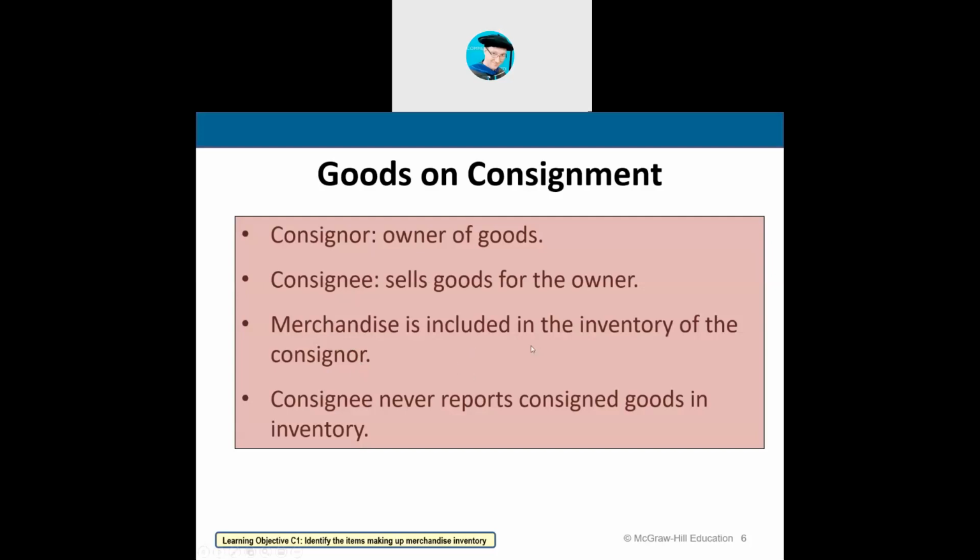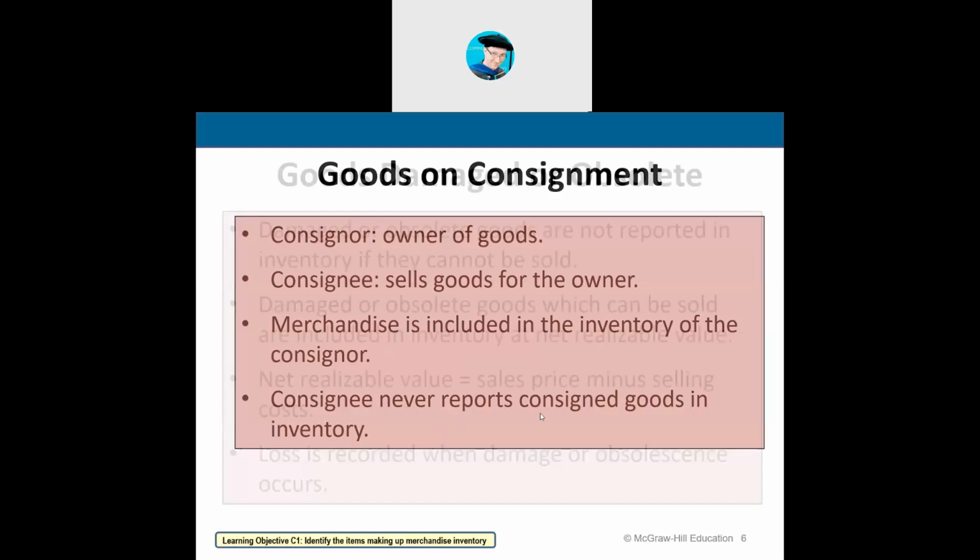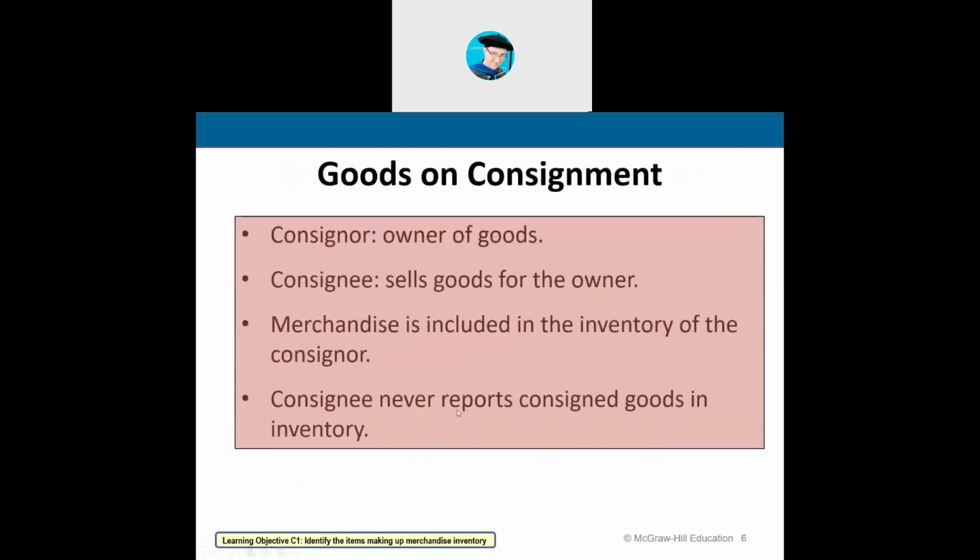So the merchandise is included in the inventory of the consigner. The consignee never reports the consigned goods in inventory. What that basically means is Plato's Closet is not going to put your stuff in their inventory because it's not theirs.